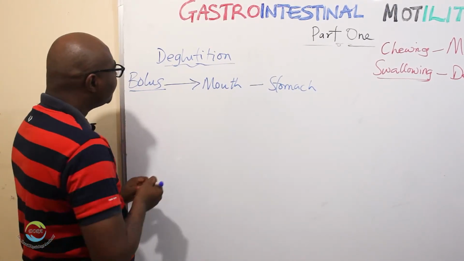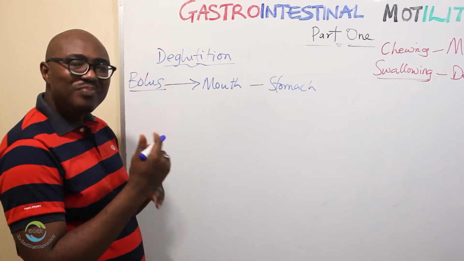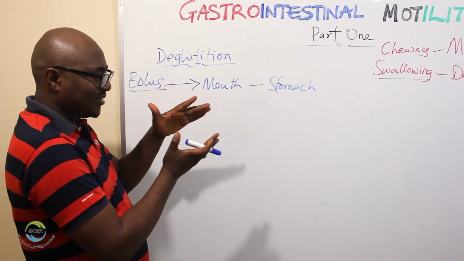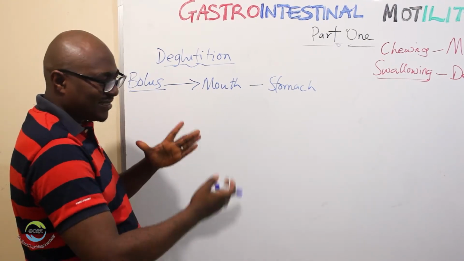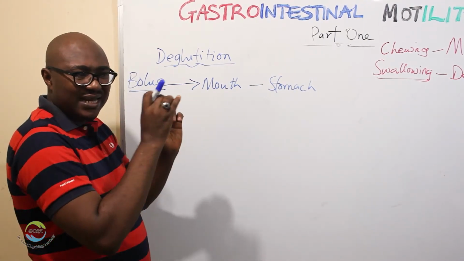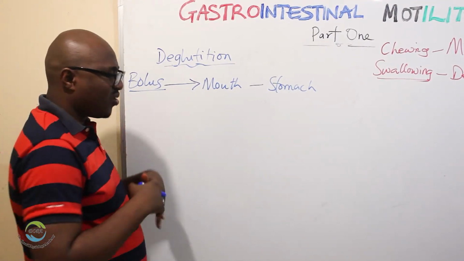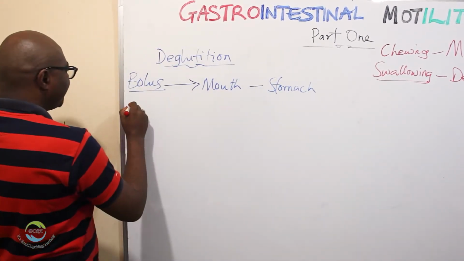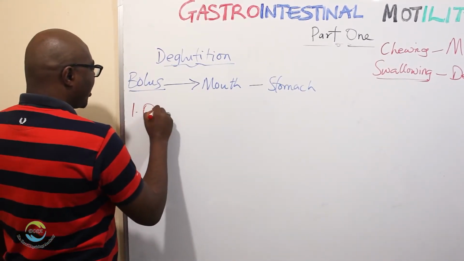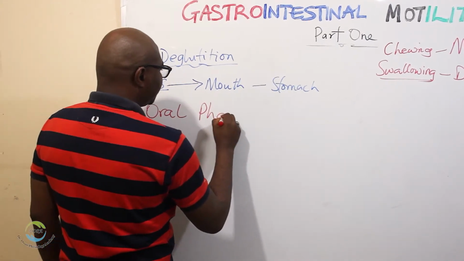Okay? So, it's a very complex process. But we'll make it easy by just dividing it into 3 parts and then looking at the basic activities that happen in those 3 parts. We call them stages or phases of deglutition. One of them, you have the oral phase or stage.